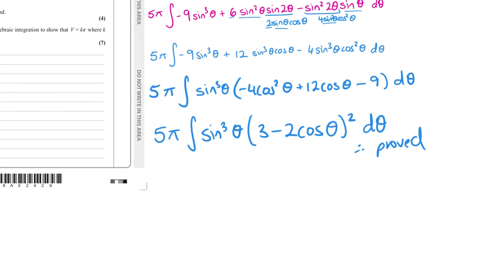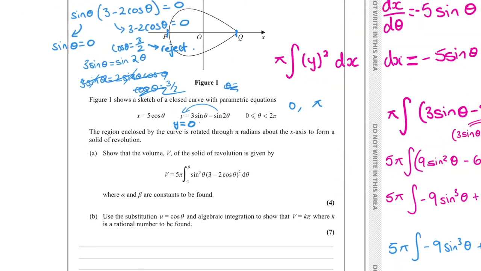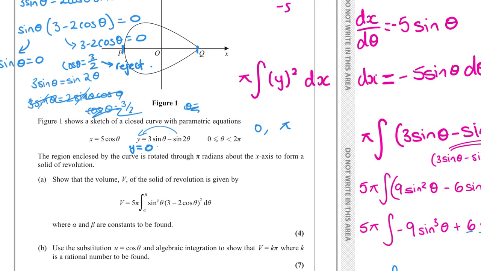Why did I put pi? Oh, we haven't finished yet, guys. Hold your horses. This is what y equals, between 0 and pi. We need to find out what x equals. So x equals 5 cos 0, and x equals 5 cos pi.